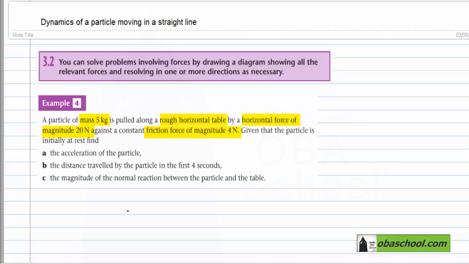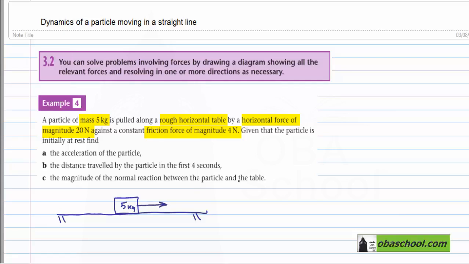So this is the particle represented as a box with a mass of 5 kilograms. This particle is present on a horizontal table that is represented by this horizontal line as follows. So this particle is pulled along the horizontal table. And to be pulled, there should be a force pulling the particle as this shown force.